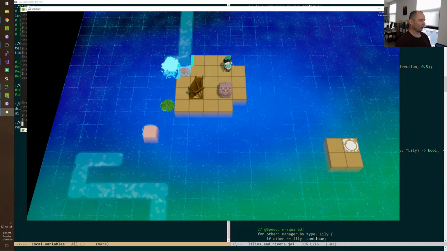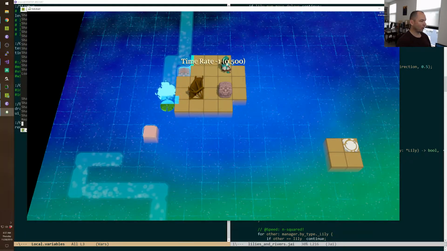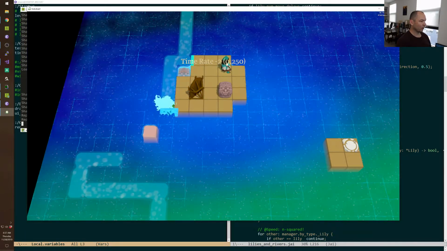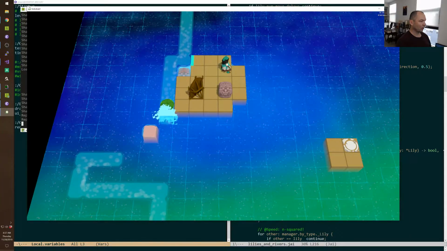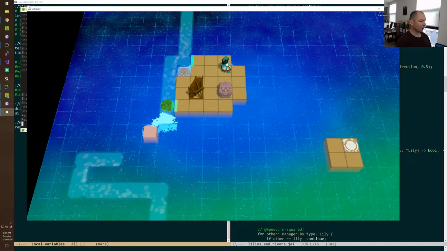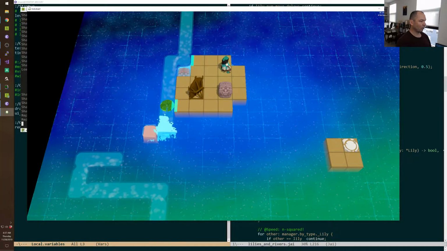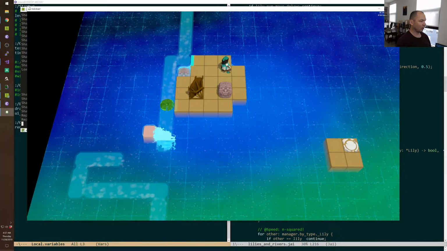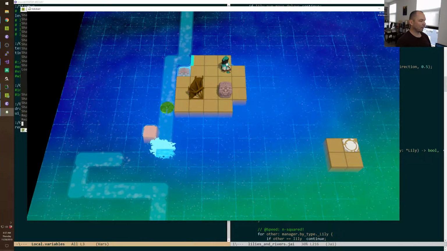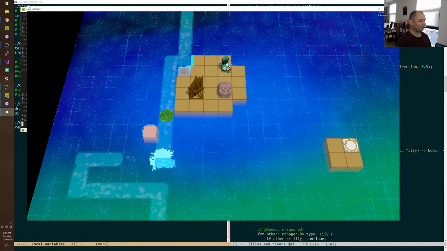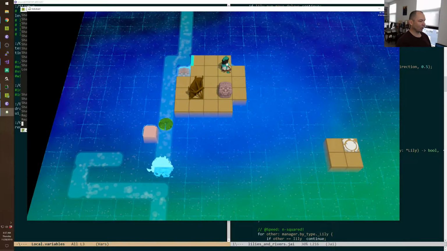So here, when the water hits it, see that rectangle on the right-hand side of the lily? That's an impact rectangle.